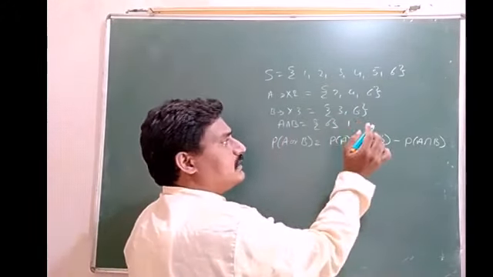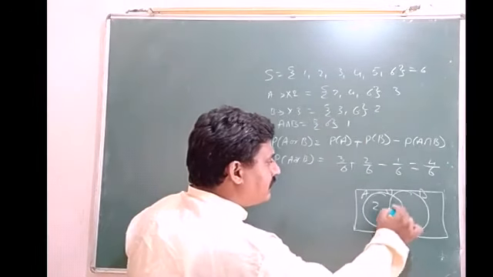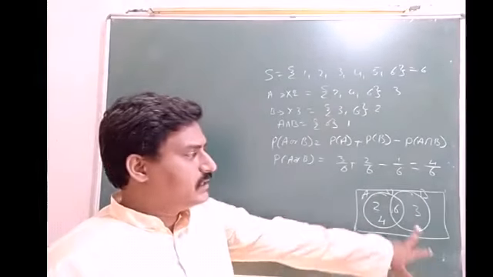If you draw the same with a Venn diagram, with event A and event B, this is A union B. In event A there are 2, 4, 6, and in event B there are 3 and 6. So 6 is common between both.